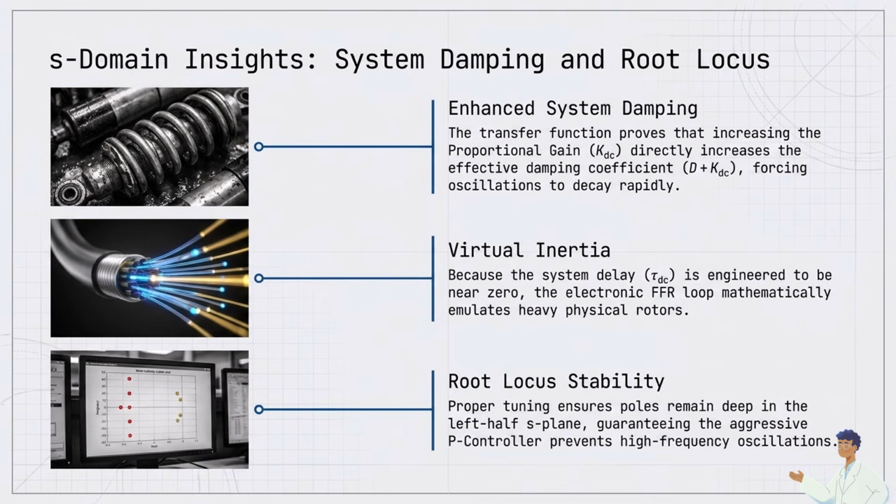Finally, root locus stability. By properly tuning K_DC, we ensure the system poles remain deep in the left half of the S-plane, guaranteeing that our aggressive P-controller doesn't introduce high-frequency instability.